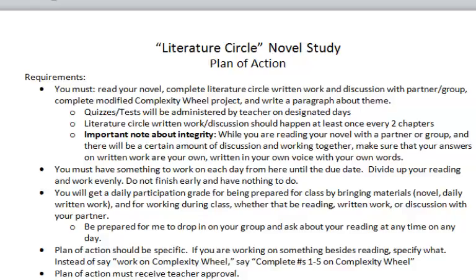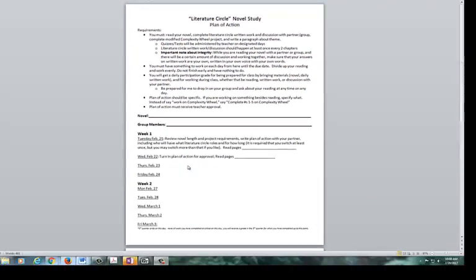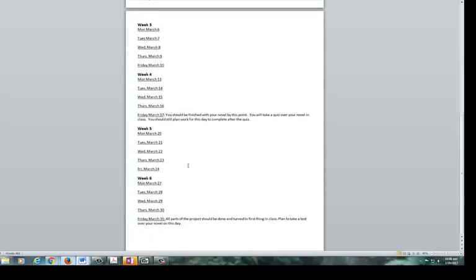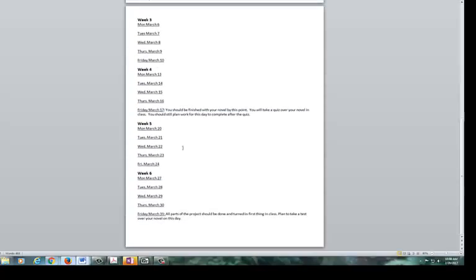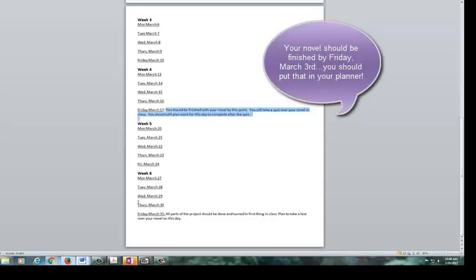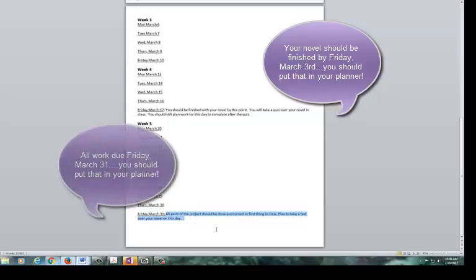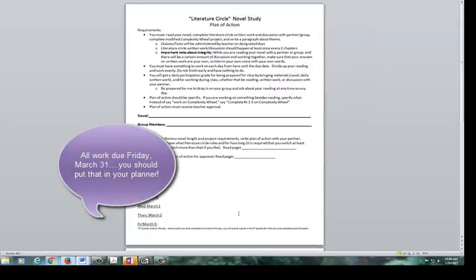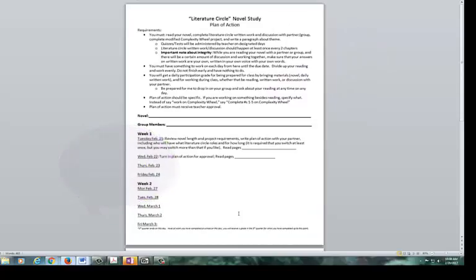Obviously, read your novel just means read your novel. As you see on this page where you are going to create your plan of action, I have every date listed up until the time when your novel should be finished, up until all the work is due, and you are going to be figuring out with your partner how much to read each day in order to get done when you need to get done.